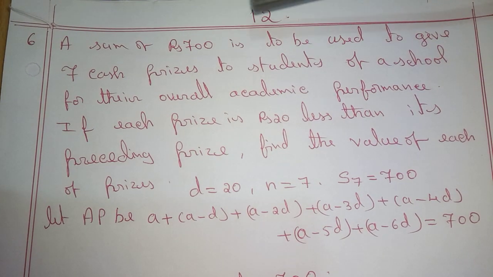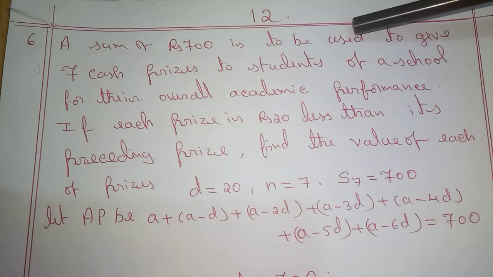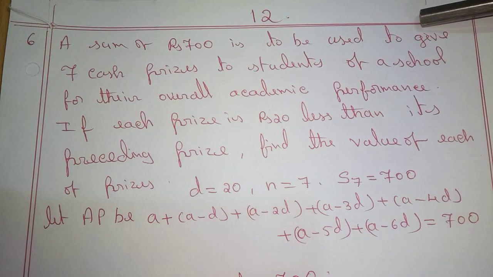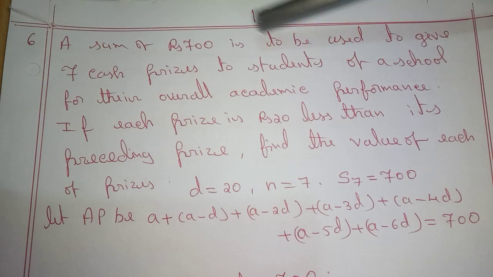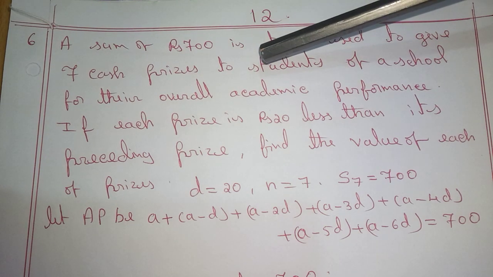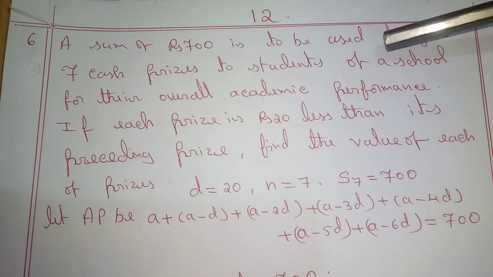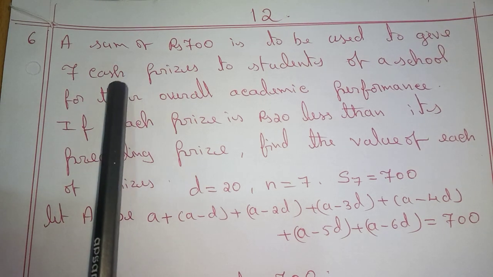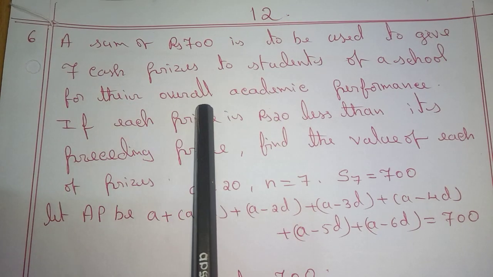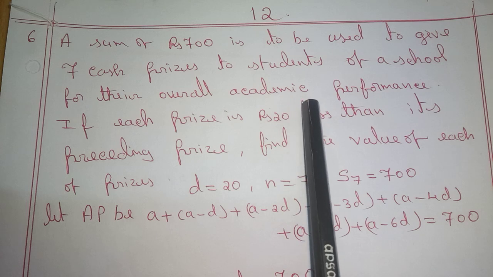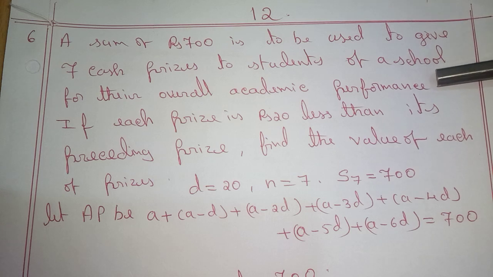A sum of rupees 700 is to be used to give 7 cash prizes to students of a school for their overall academic performance.